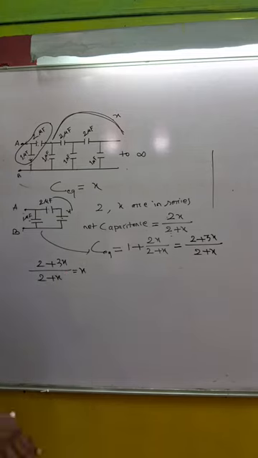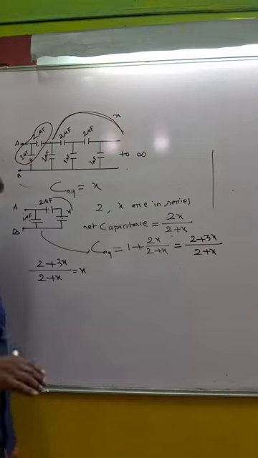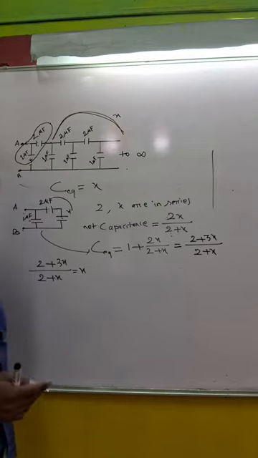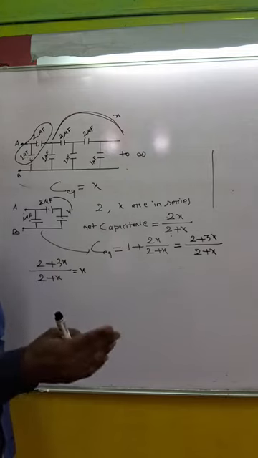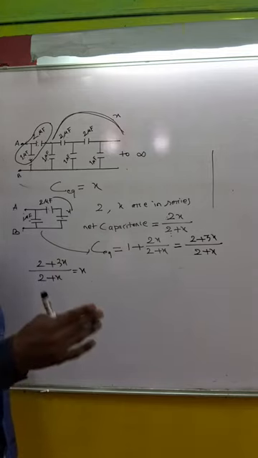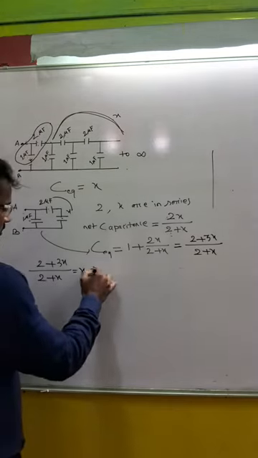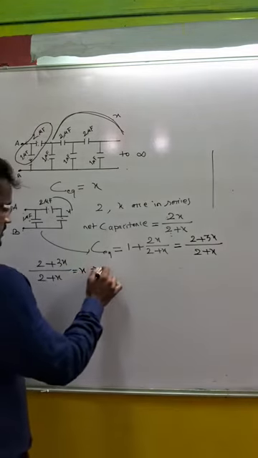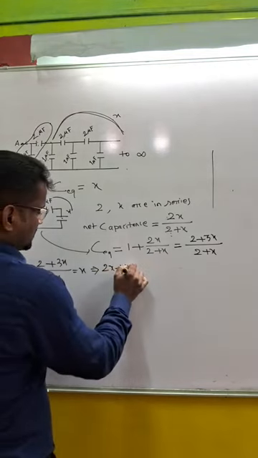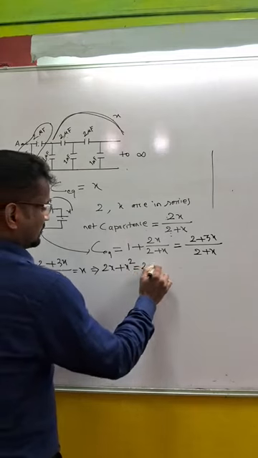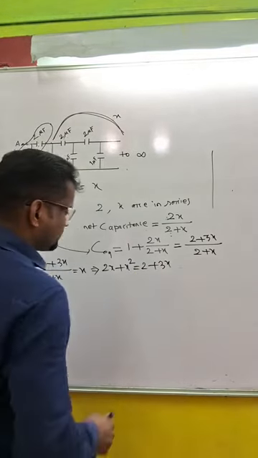Now the rest is simple mathematics. From here you will get a quadratic equation. Solve it for X, and if X comes negative, reject it because capacitance cannot be negative. Let us cross multiply: 2X plus X squared equals 2 plus 3X.